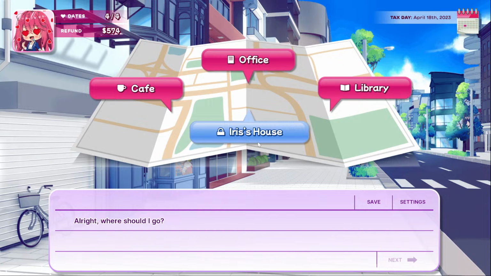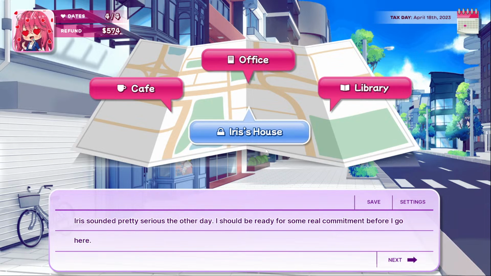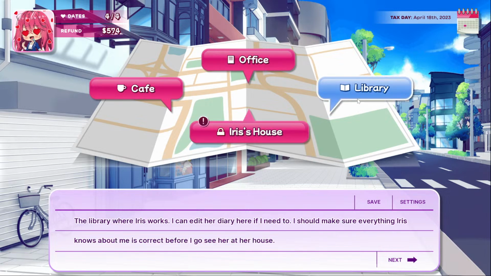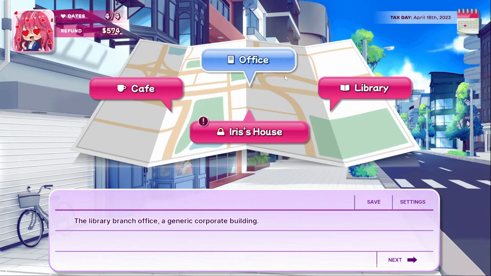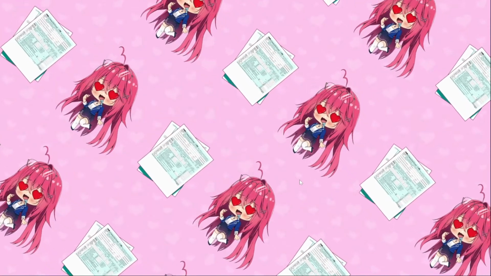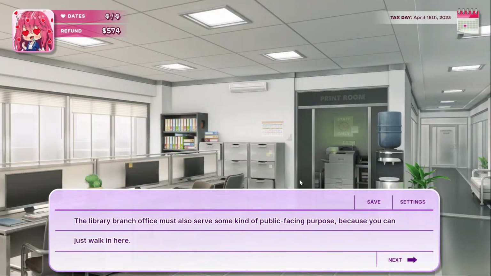Okay, let's go. Can we not go to the library and see if she's there? A generic office building. Let's go to her office and let's look at it while she's not there.